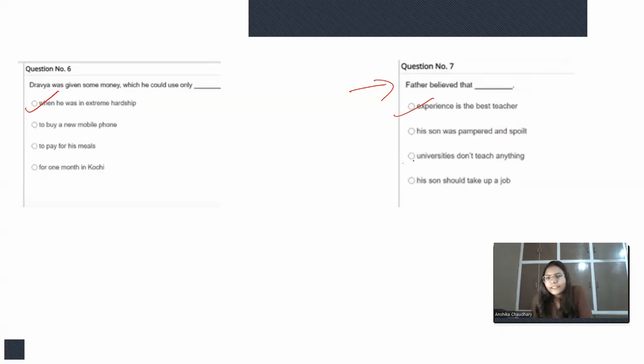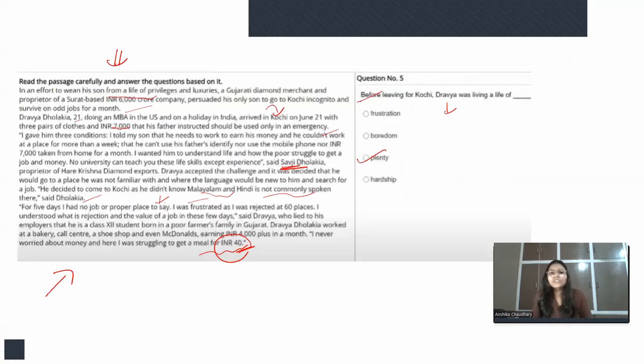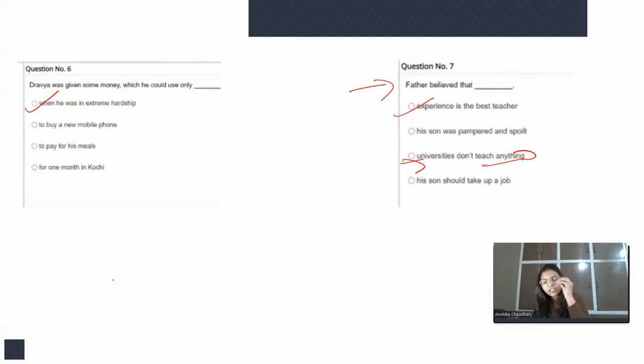So this option will be eliminated because universities don't teach anything. Father never quoted this thing. Father just said that no university can teach you these life lessons except experience. See, everyone has their own life, and in everyone's life there are some new kinds of experiences, right?